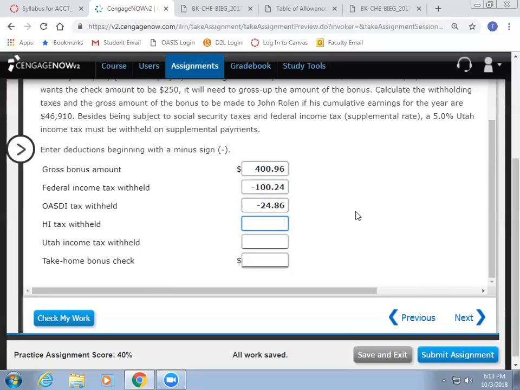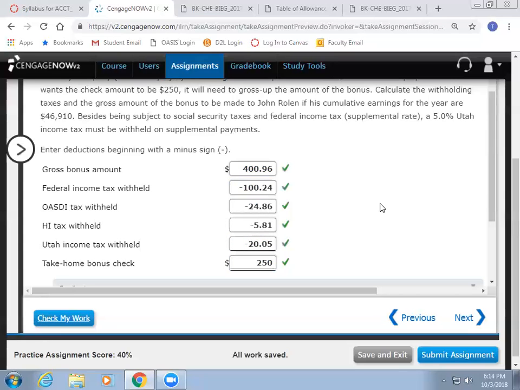Medicare of 1.45%, so minus $5.81. And my state tax, what was that, 5%? So that'll be a minus $20.05. And if we did the math, we took our gross minus all those withholdings, we should get a $250 bonus check.